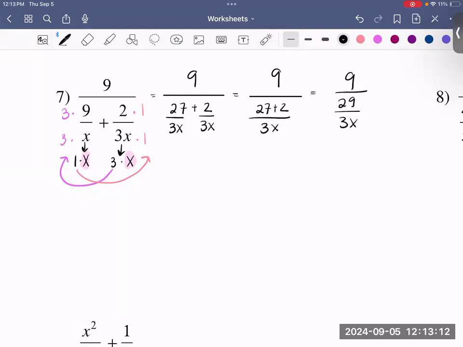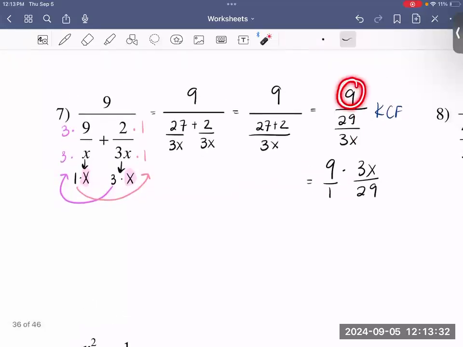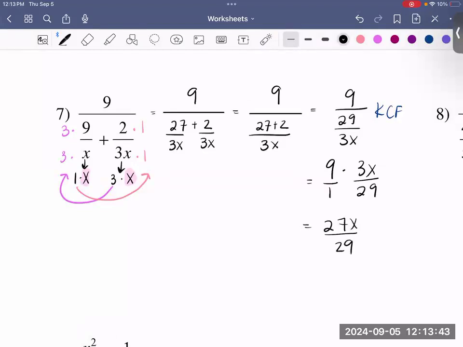And then we can do your keep, change, flip now that everything has been combined. 9 times 3x over 29. If you wanted, you could throw this 9 over 1 because there's no upper fraction. It's just this is the whole number. So we get 27x over 29.